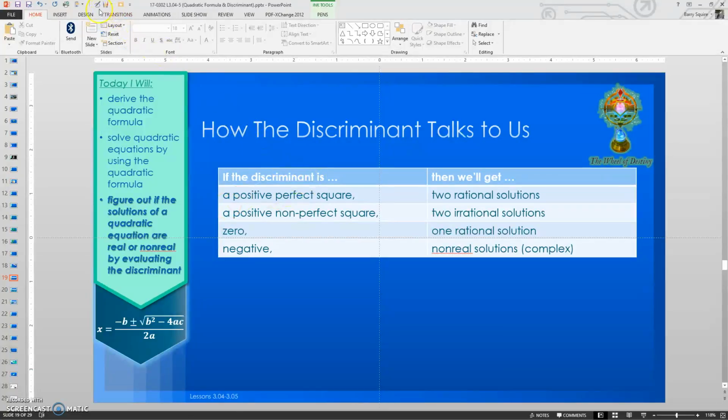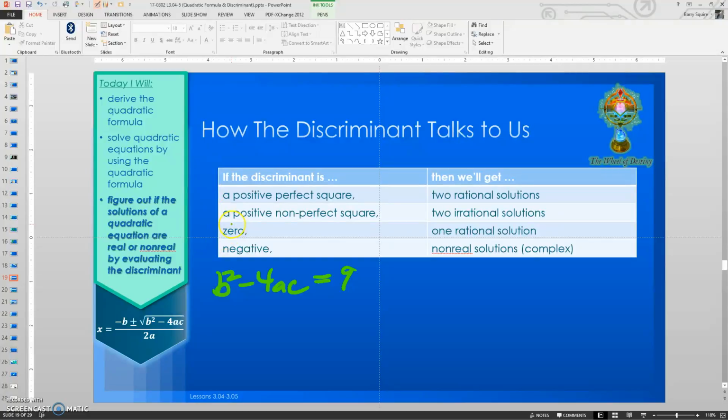So if our discriminant is a positive perfect square, so if b squared minus 4ac is something like, I'm going to say 9, we're going to have two rational solutions. Two very pretty solutions. They could be fractions, but they're going to be very pretty. No square roots, nothing like that.